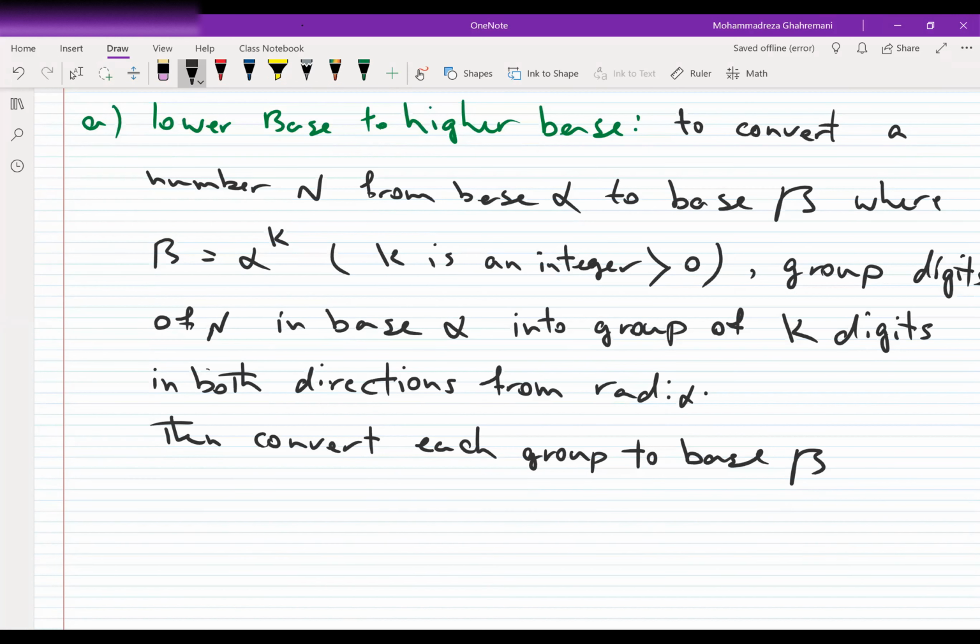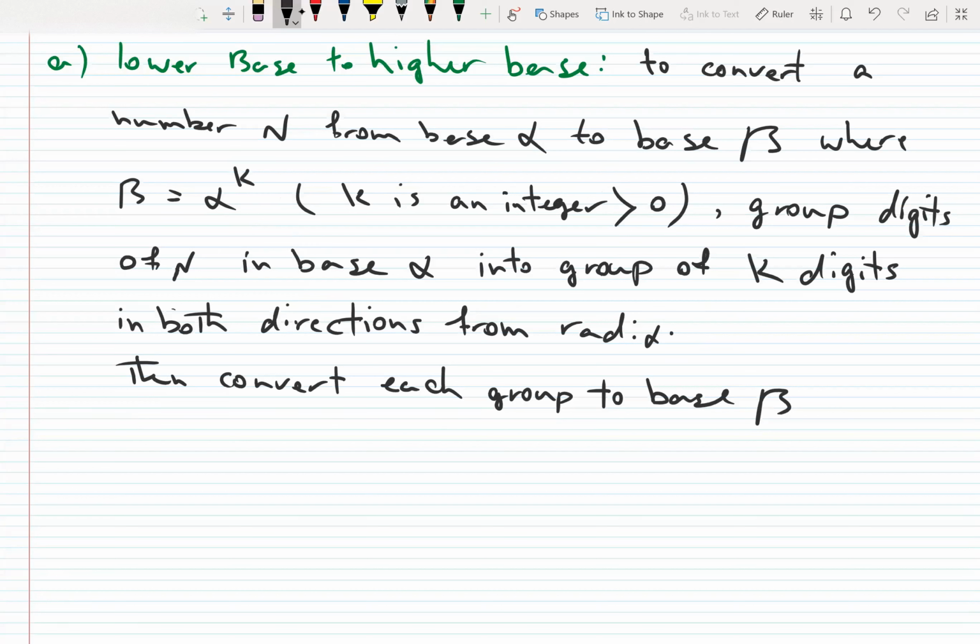Okay, I will explain it. How does it work? Let me just tell you how to convert if we want to convert from higher base to lower base, and then I will show both of these methods in examples.